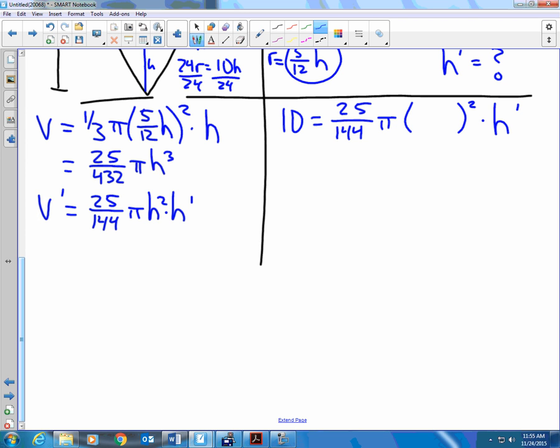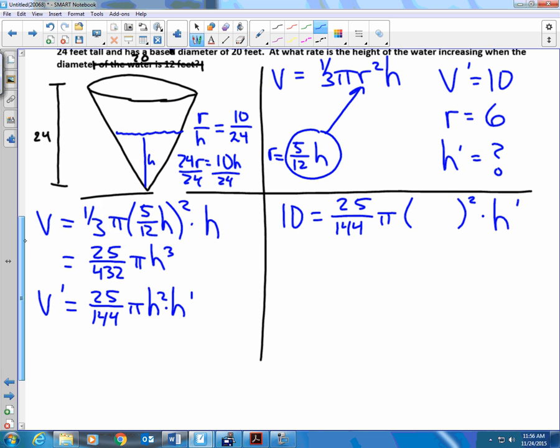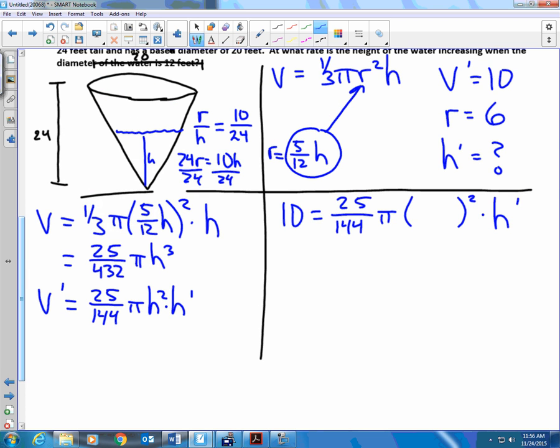Do you know what h is right now? We don't. Can we find h? Yeah. We know what the current radius is, don't we? What's the current radius? 6. So 6 equals 5 over 12 times h. How would I find h? Multiply by 12/5. So I get 72 over 5 is equal to h.